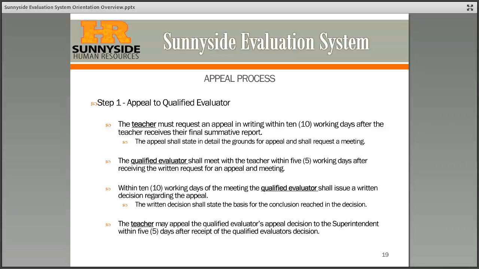Within 10 working days of the meeting, the qualified evaluator shall issue a written decision regarding the appeal. The written decision shall state the basis for the conclusion reached in their decision. The teacher may appeal the qualified evaluator's appeal decision to the superintendent within 5 days after receiving the qualified evaluator's decision.